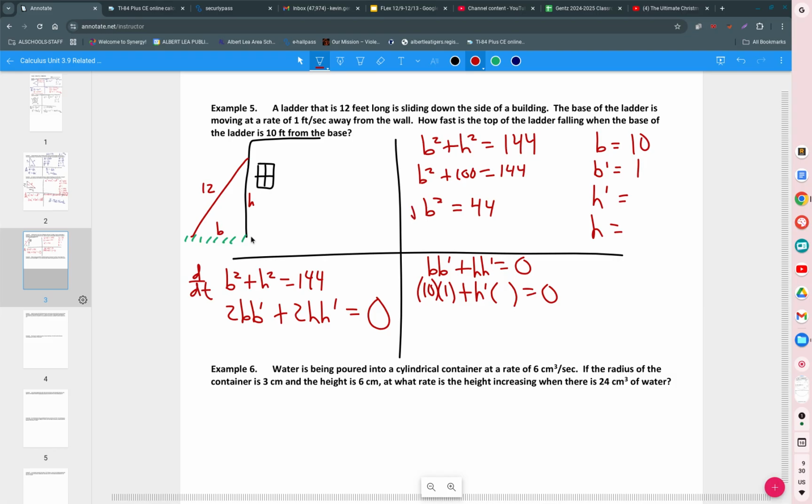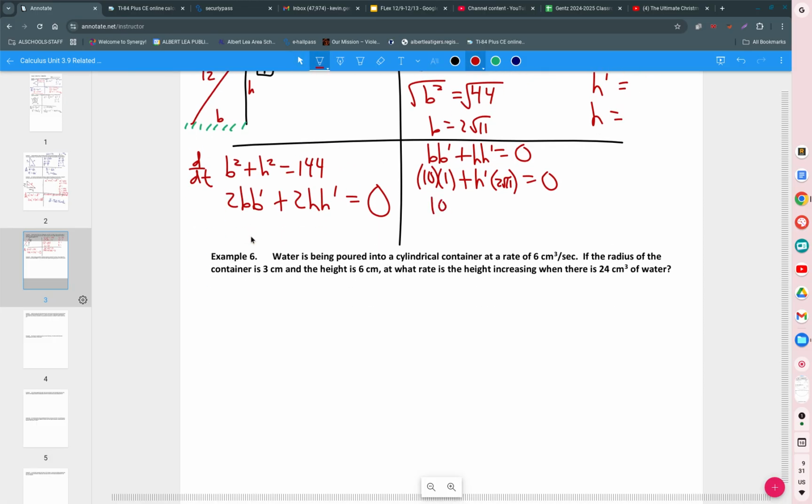As we square root both sides, we get h is equal to 2 roots of 11. Yeah, sorry, I switched these two around. So my h is 2 roots of 11.